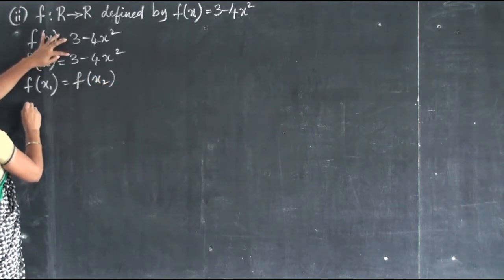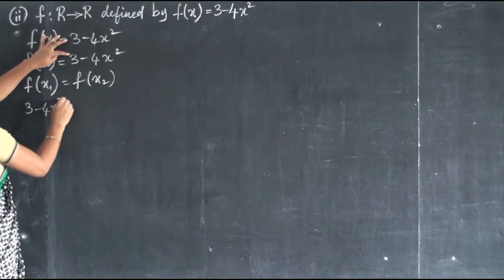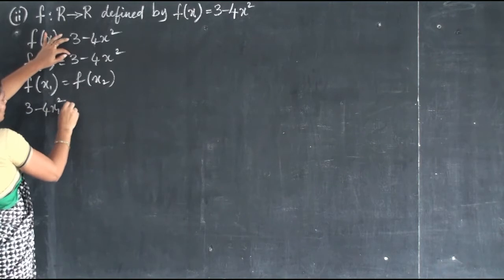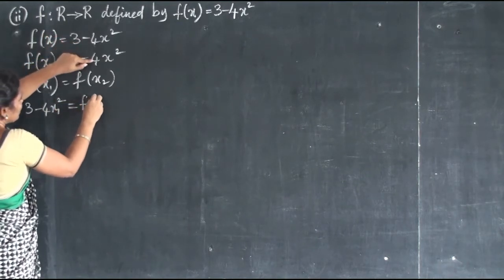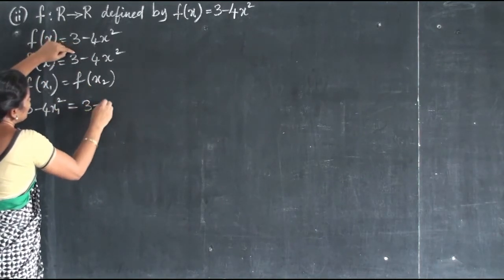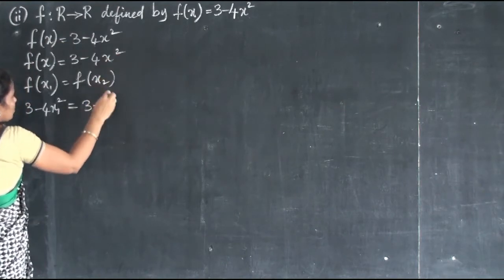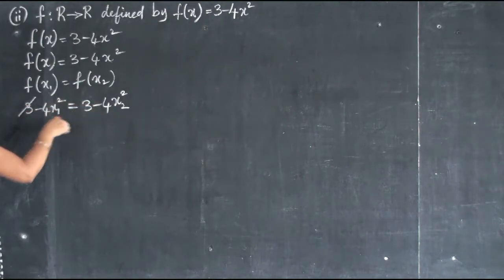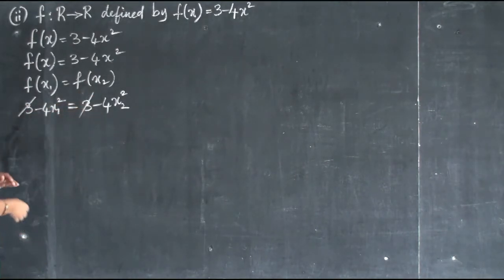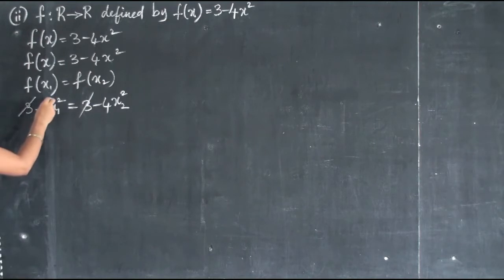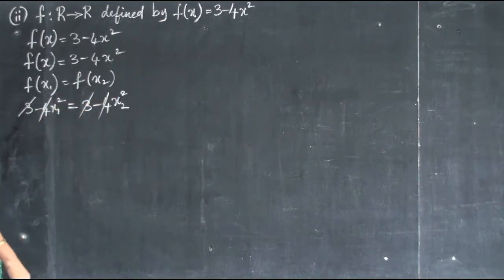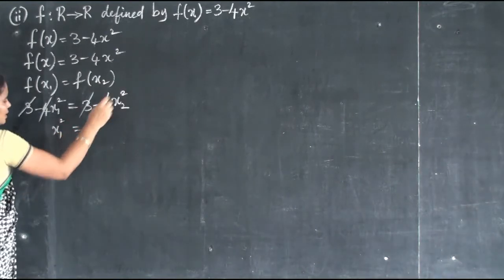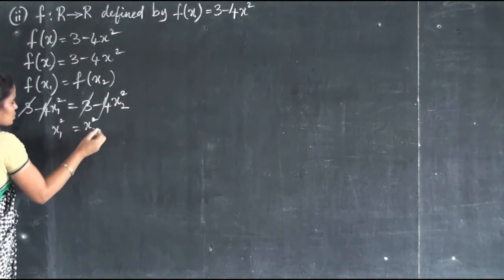So 3 minus 4x1 square equals 3 minus 4x2 square. Cancel plus 3, and while it comes here it goes as minus, so plus 3 minus 3 cancel, and cancel minus 4 and minus 4. Remaining leftovers x1 square and x2 square.